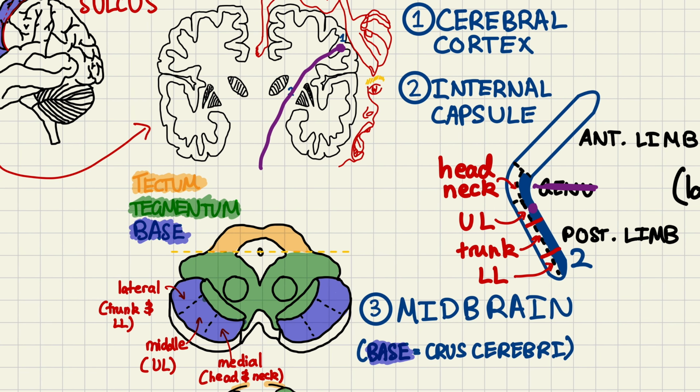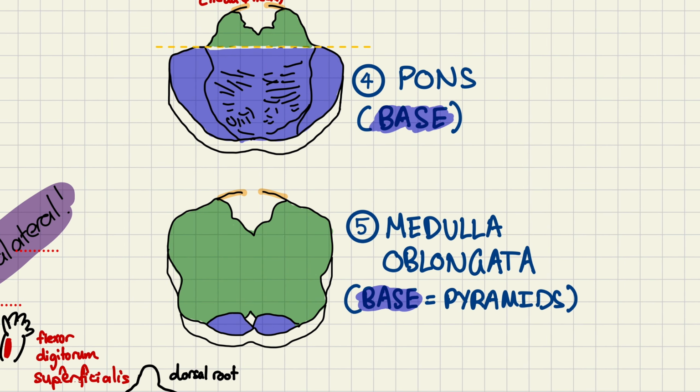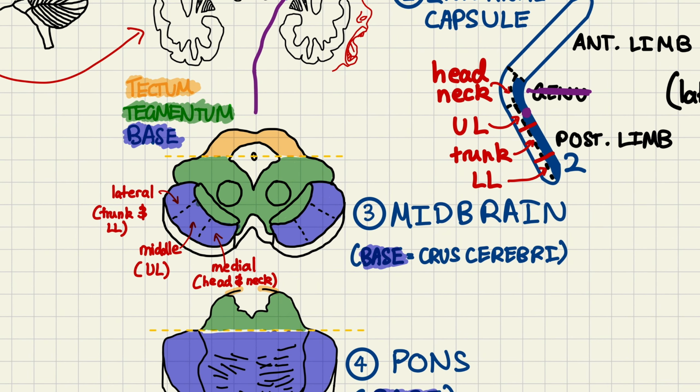Now, as I travel through the internal capsule and continue onto the brainstem, I'm going to travel through the three parts of the brainstem: the midbrain, the pons, and the medulla oblongata. Now, remember that when we take a transverse section through each of these components of the brainstem, we can separate the midbrain, the pons, and the medulla oblongata into three main regions. The most posterior region of the brainstem is known as the tectum, and that's shaded in orange here.